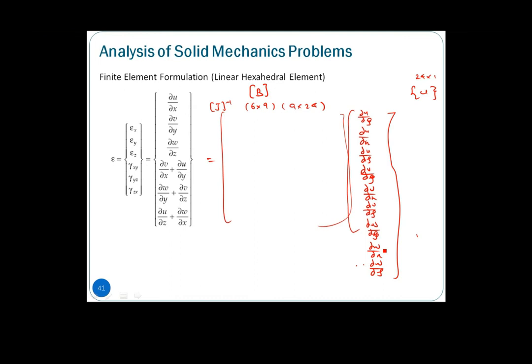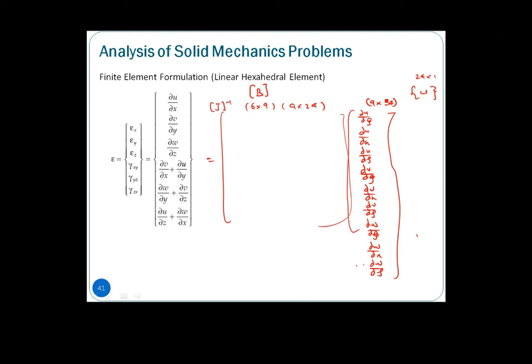So here, referring to 9 times 24. So total of 8 nodes, 3 directions.